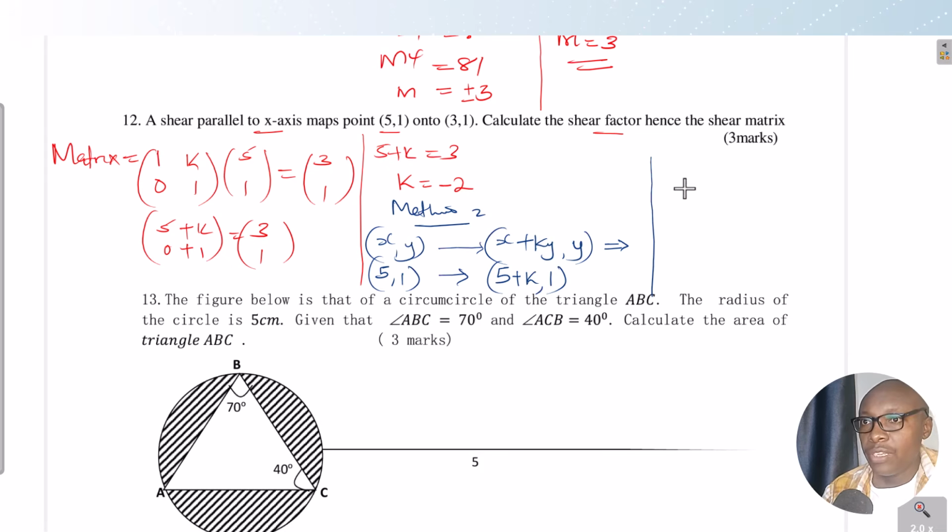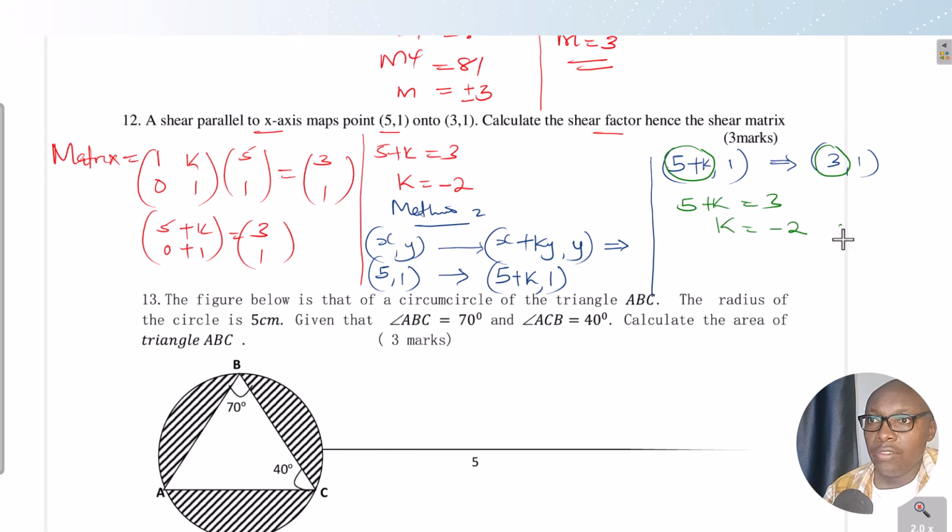Already we have this image 5 plus k, 1. The image is given as 3, 1. So you simply need to compare. This x coordinate corresponds to this. So you have 5 plus k equals 3, and therefore k will still give you -2. So you can use method 1, or you can use method 2.